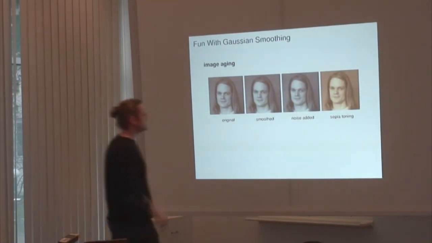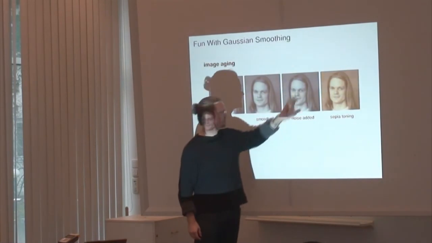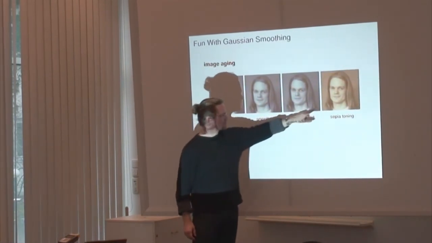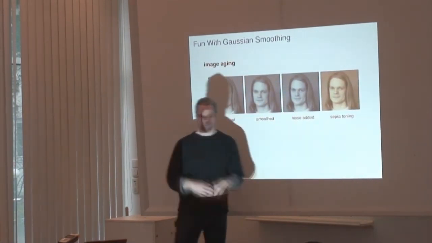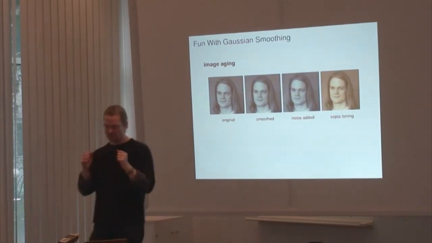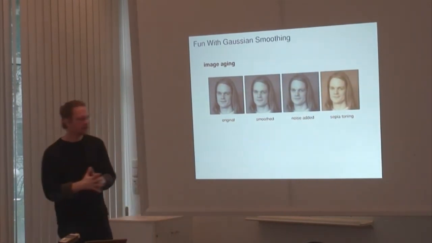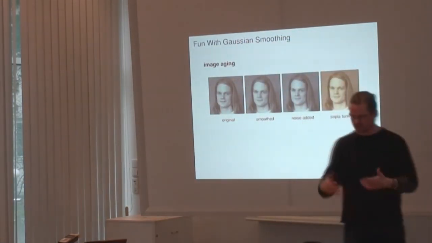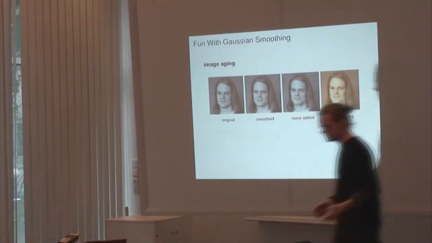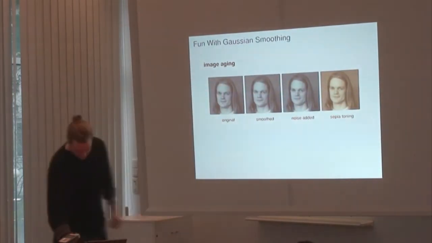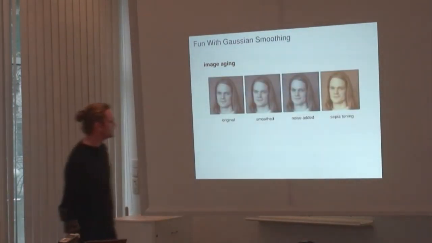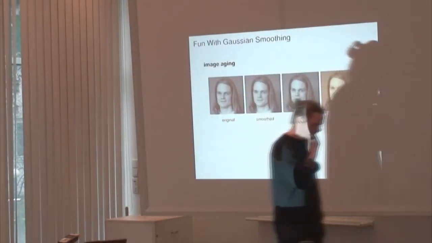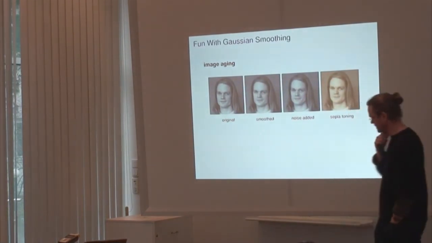Because we do have intensities in here. Some of them are bright, some of them are dark. On average, they have a value, let's call it M for mean. And we want to have a red channel where the average is 162.